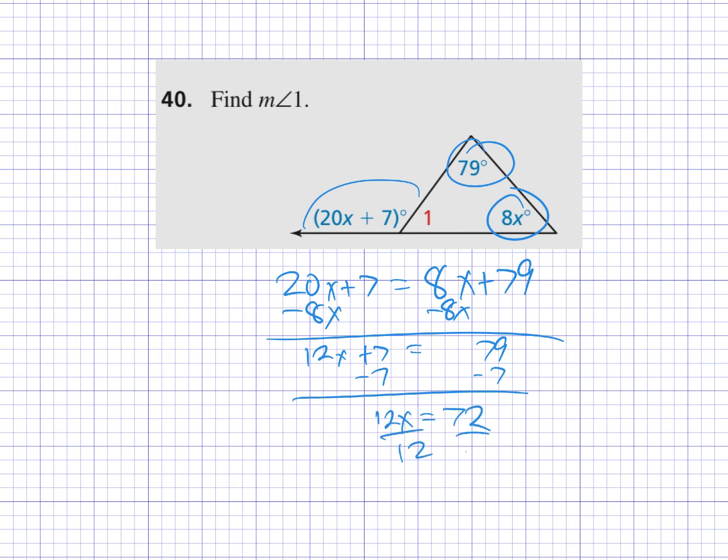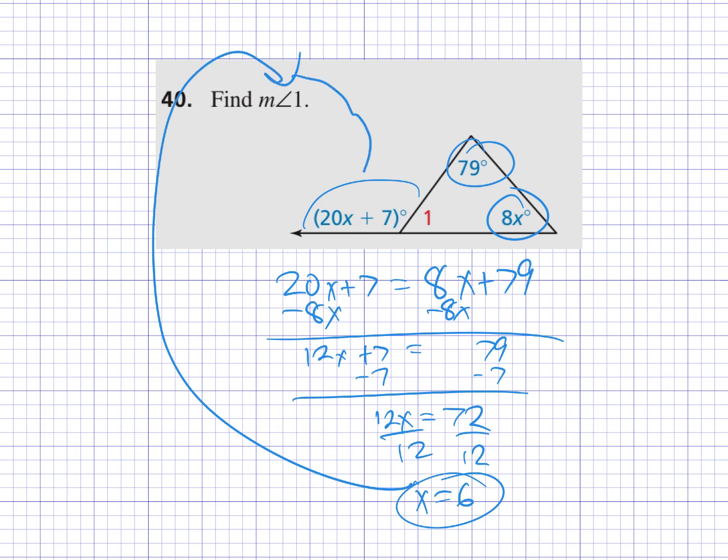Divide off the 12, and x equals 6. So that's not the answer. Find the measure of angle 1. Angle 1 is right there. So if x is 6, 20 times 6 is 120, plus 7 is 127.